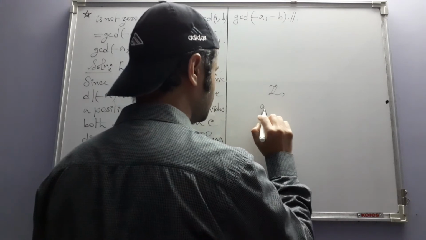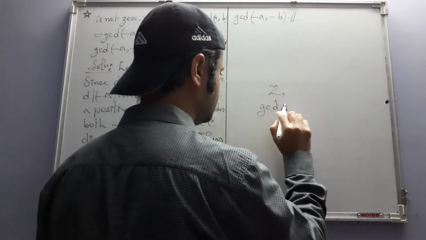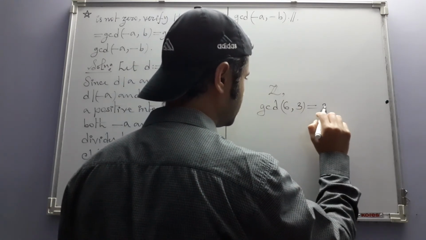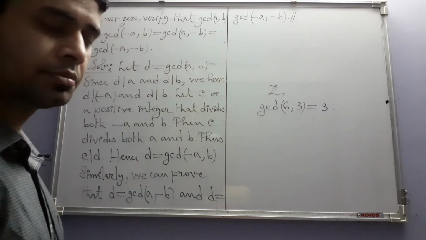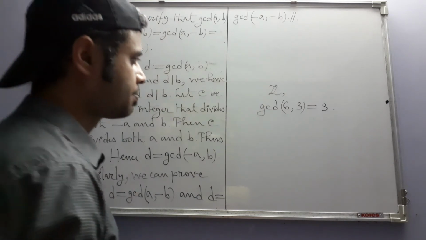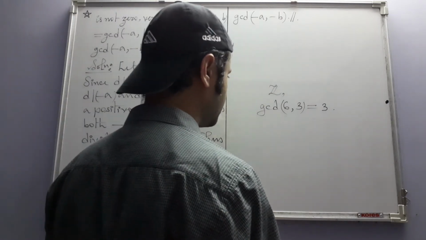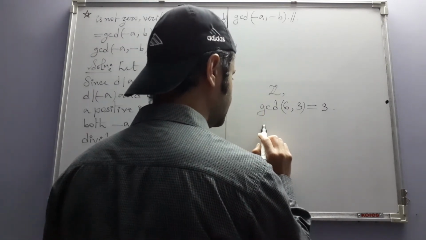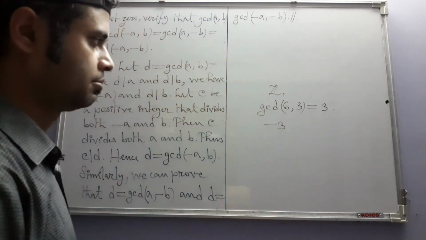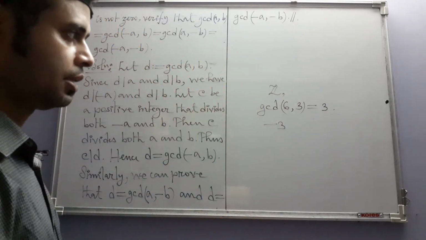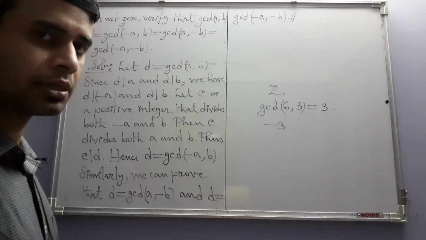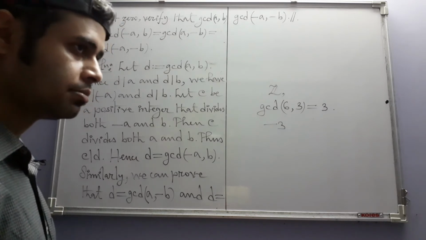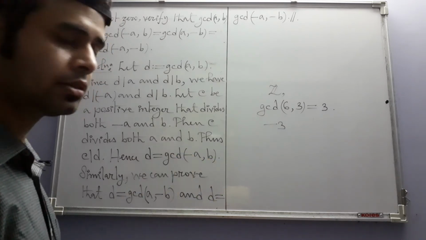For example, GCD of 6 and 3 is 3, right? But according to the general definition, which is not here, GCD is minus 3 also. They are of course not the same thing. 3 and minus 3 are different integers, but in a sense they are the same. They are associates in the ring of integers.